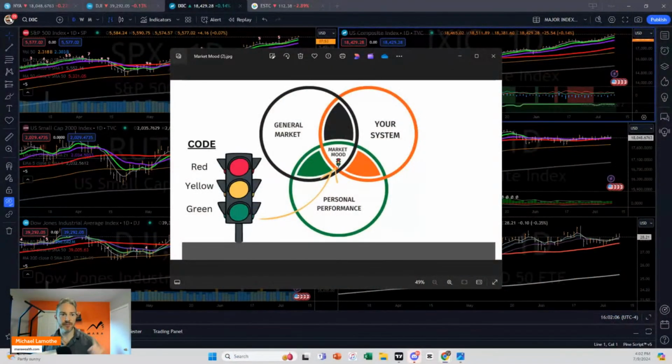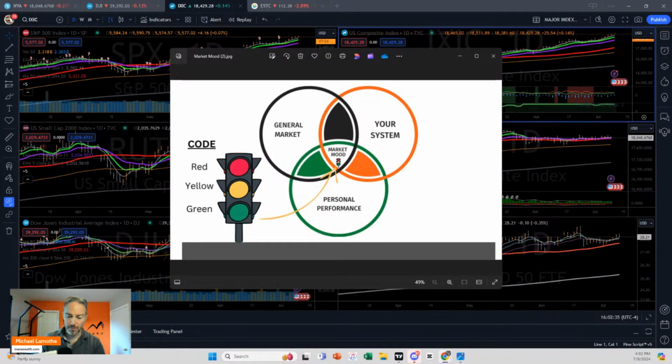So, first off, taking a look at this traffic light system. Now, what is this traffic light system? Why does it say market mood in the middle of it? Well, it's because the way that I look at this is that this is the mood of the market. Is the market in a mood where it's going to be running higher? Is it in a stable mood, or is it a mood where you're starting to consolidate and decline?